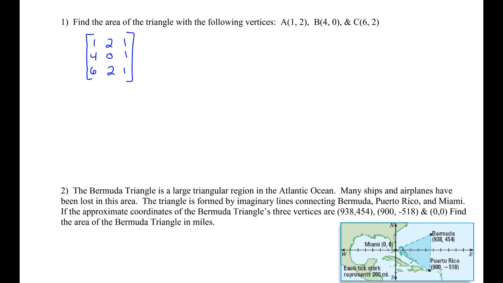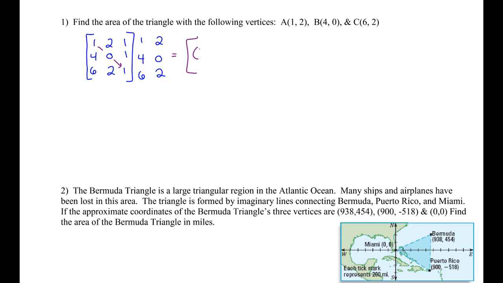And because I'm finding the determinant of a 3 by 3 matrix, that means I need to recopy down the first 2 rows. And then I can begin looking at my products of my diagonal downs and my diagonal ups.